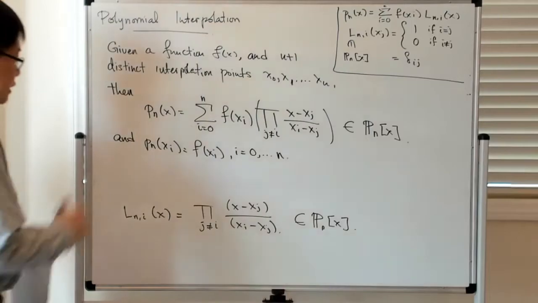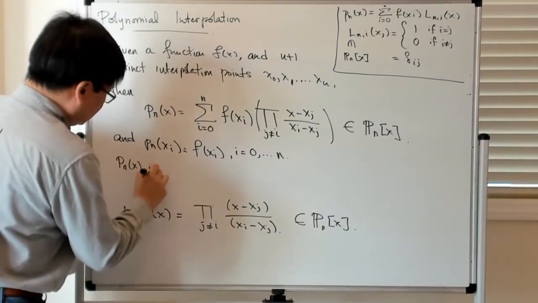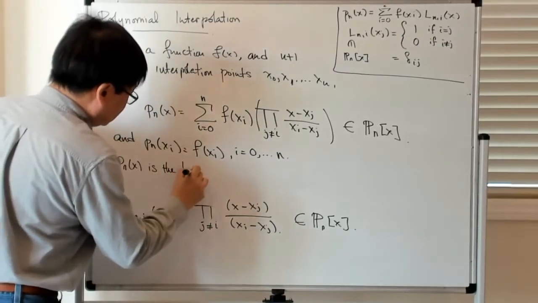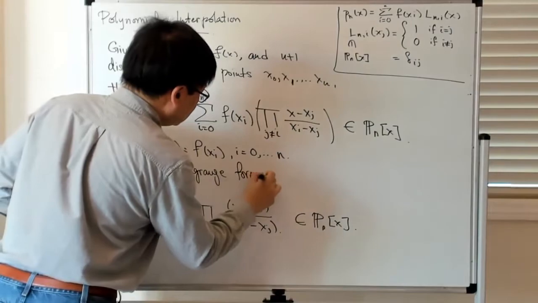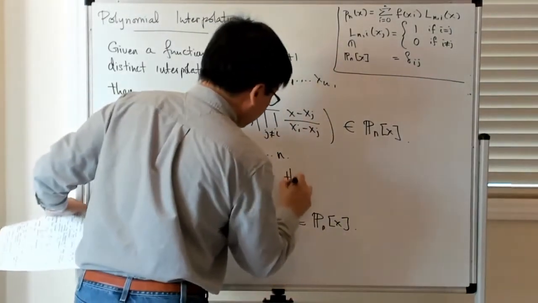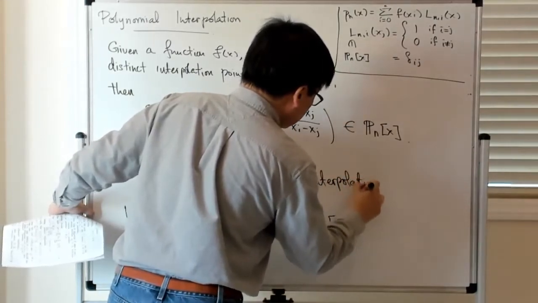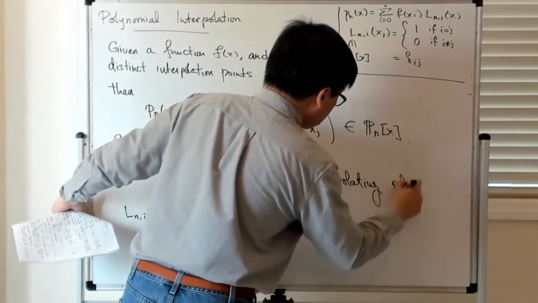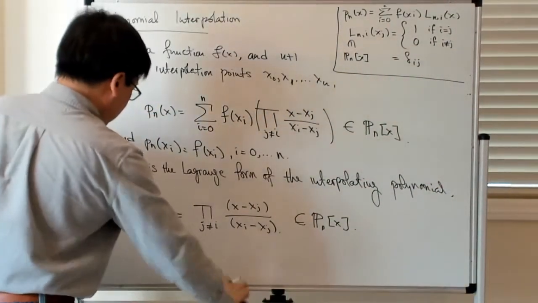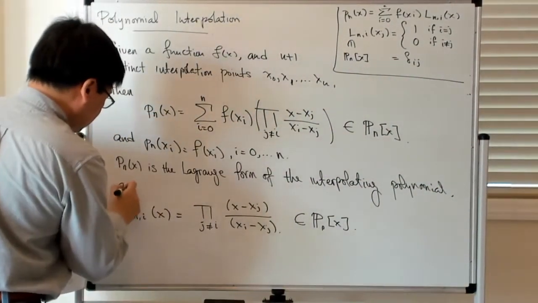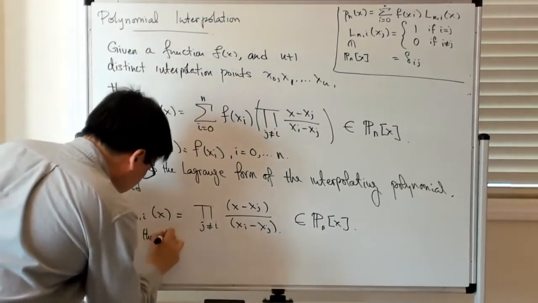And so Pn of x is the Lagrange form of the interpolating polynomial, and this is the Lagrange polynomial.